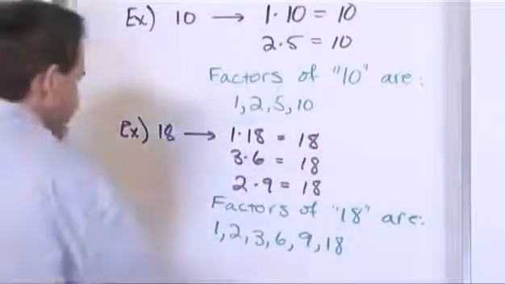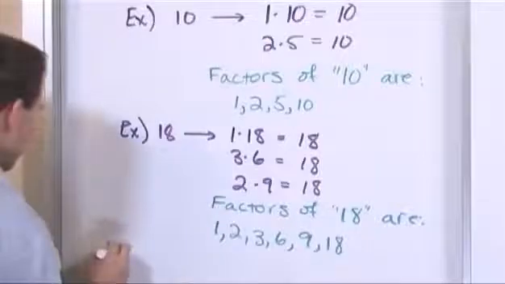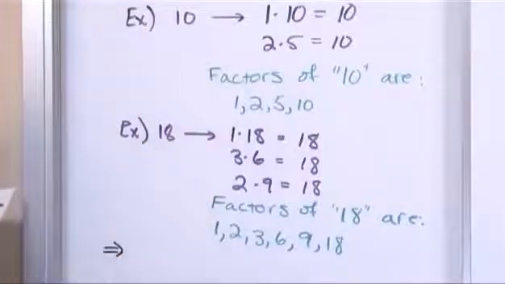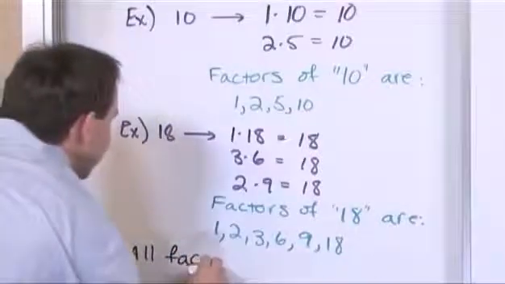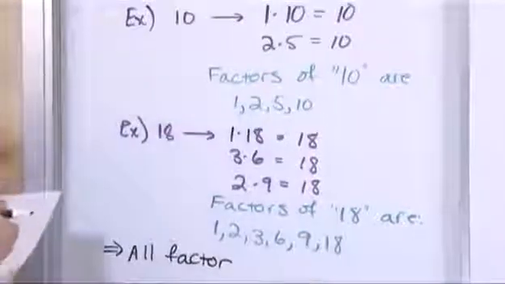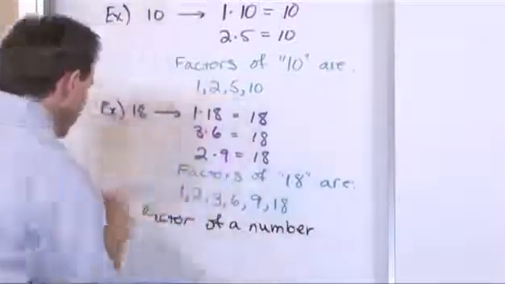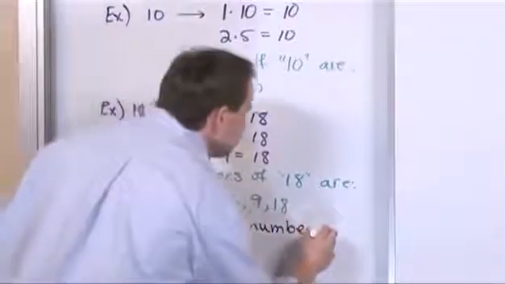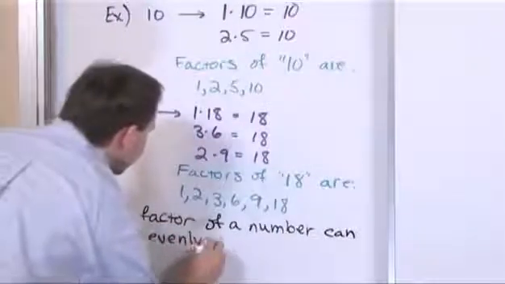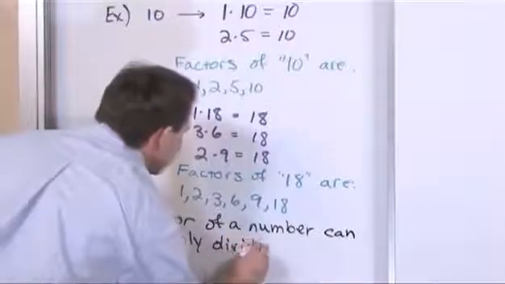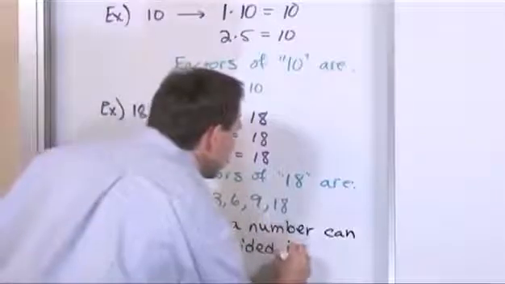So let me write that down, just so you'll have it fresh. Another way to say this, just to summarize the definition that we have above, is that all factors of a number can be evenly divided into that number.